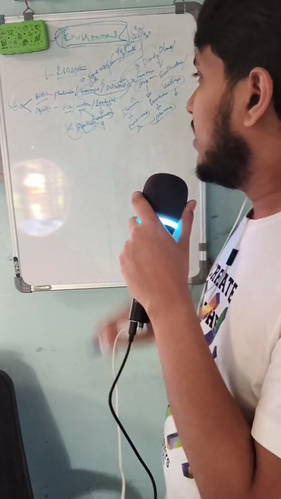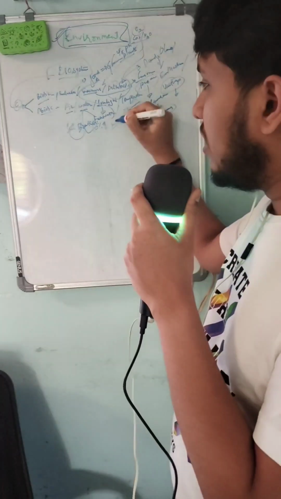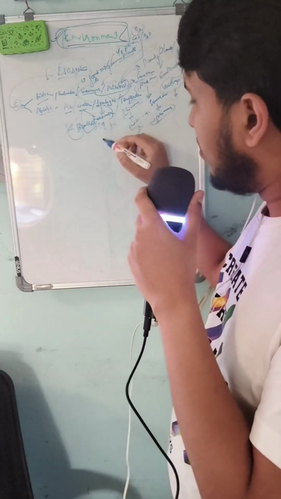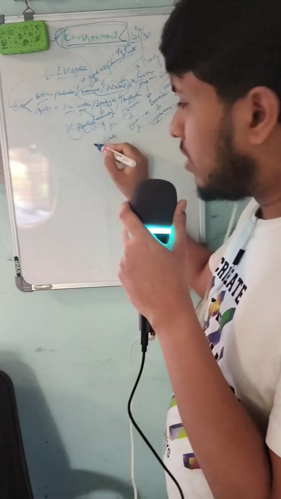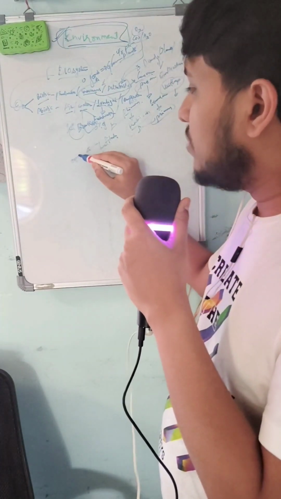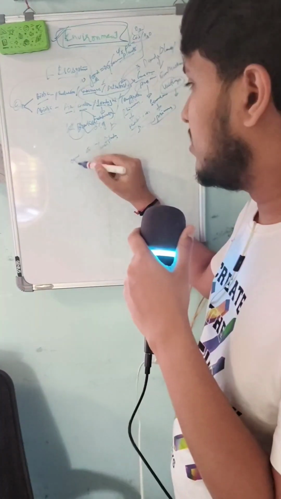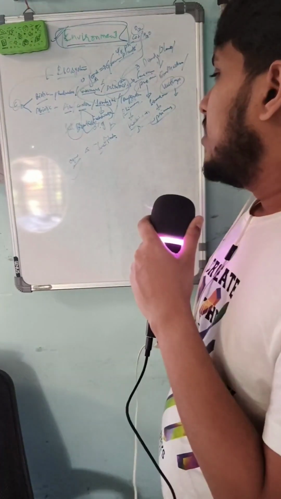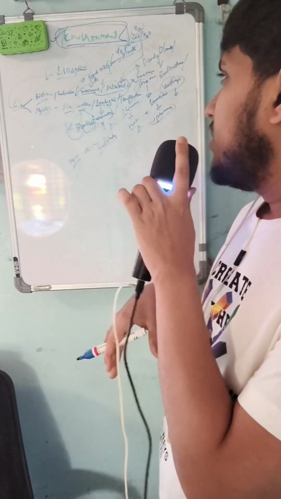And then we have temperature. In temperature depends on the latitude. If we move from equator to the polar region, the type of animals species changes, adapting to the cold and hot environment.